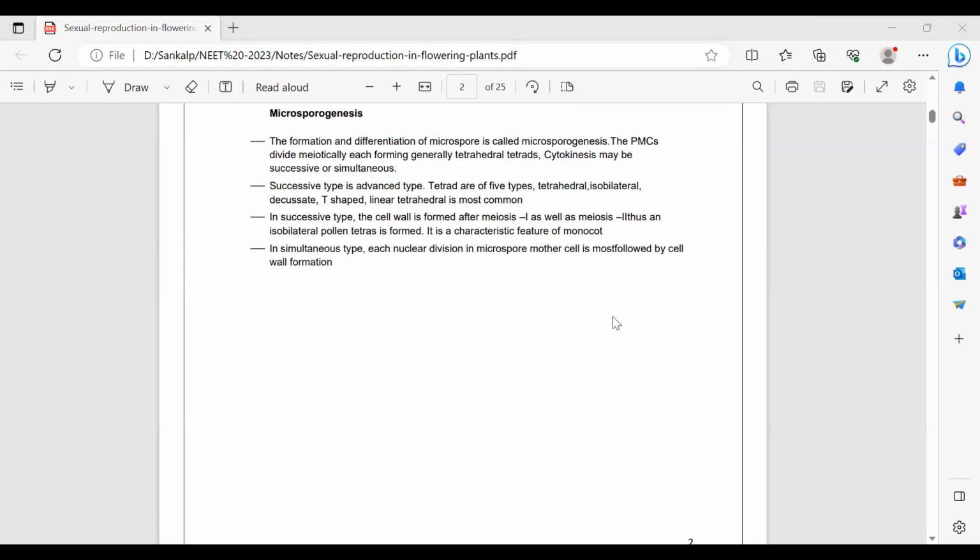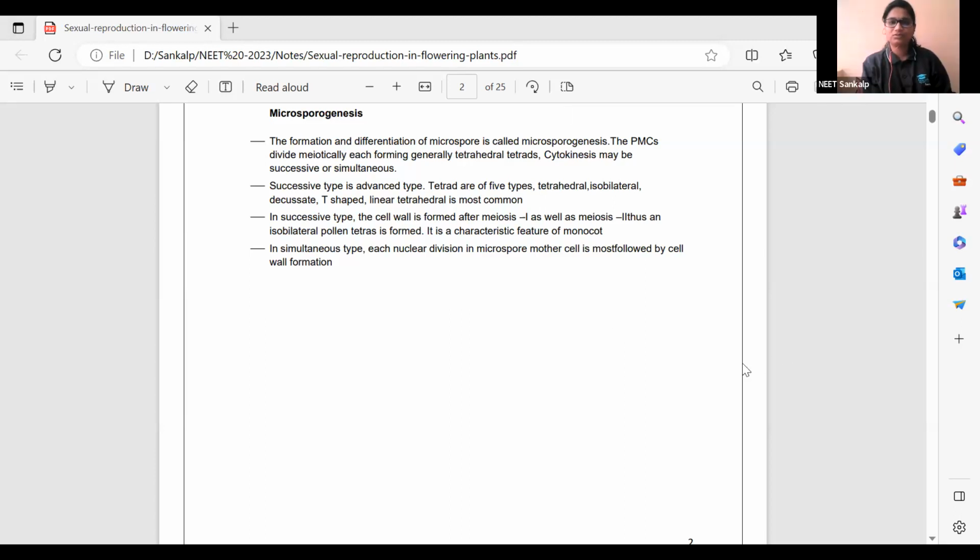I am not asking about the middle layer, I am asking the total walls. 4, ma'am. The first one is epidermis. The second one? Endothecium. Then middle layer. Then we have tapetum. Very good. Now let us solve some questions.